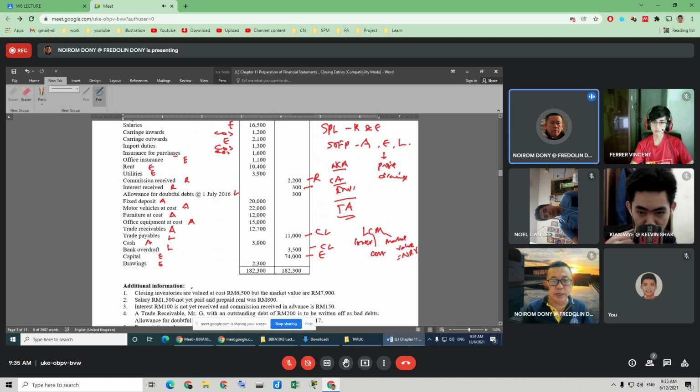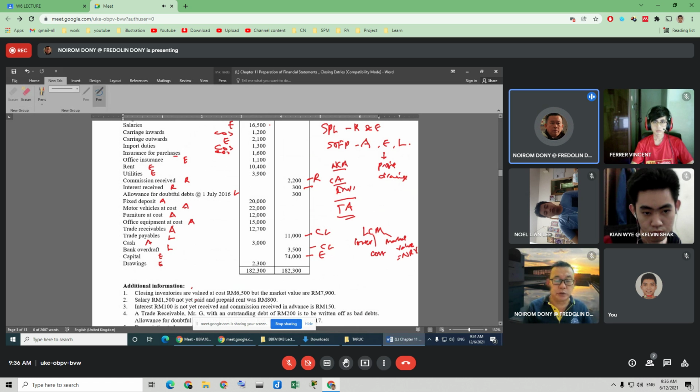salary 1,005 not yet paid, and prepaid rent was 800. There are two things here, so you consider one by one. So salary, if you look at your trial balance, the salary amount is 16,500. Look at this. So what does this note 2 mean? This is saying to you, this is accrual. Salary 1,005 not yet paid.